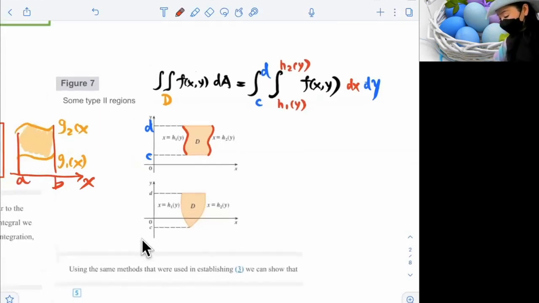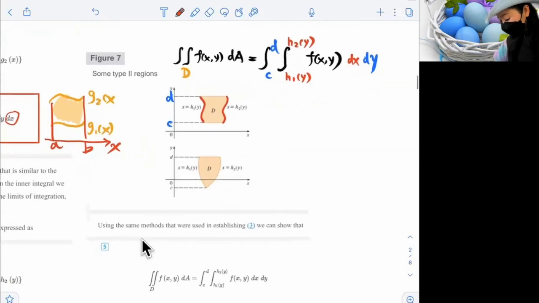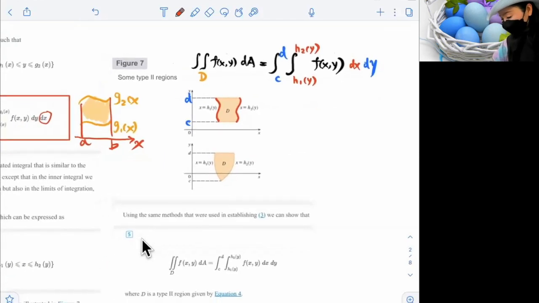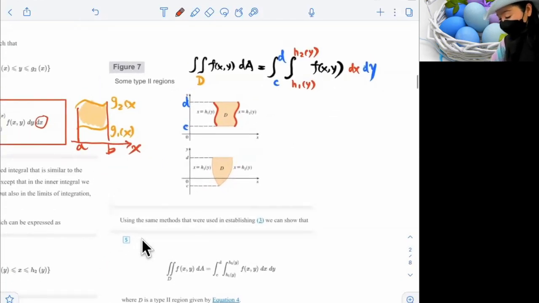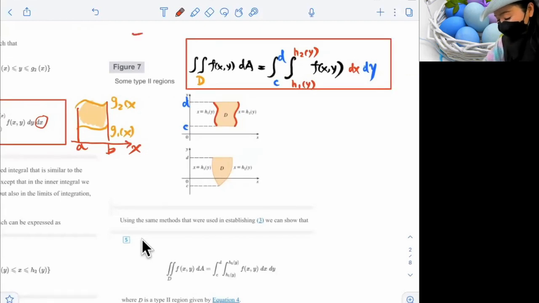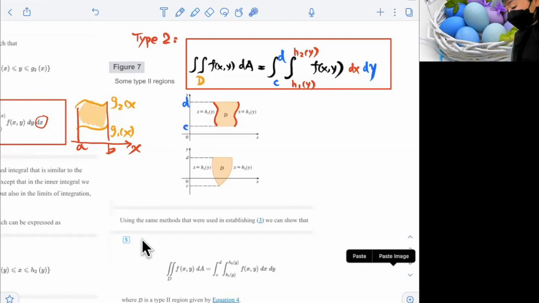It's not that terrible after all the explanation. So this is for type 2. For type 2, you do this, when y changes from one constant to another constant. Any question here so far?